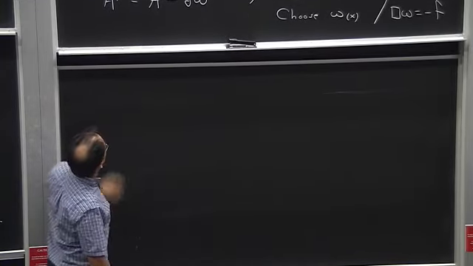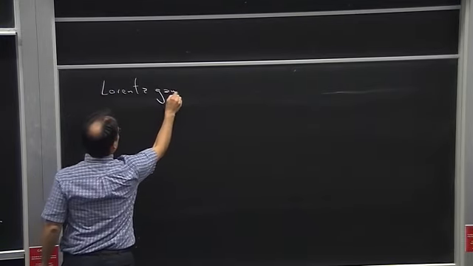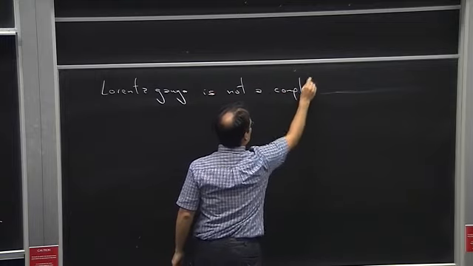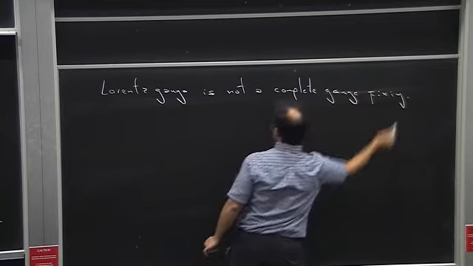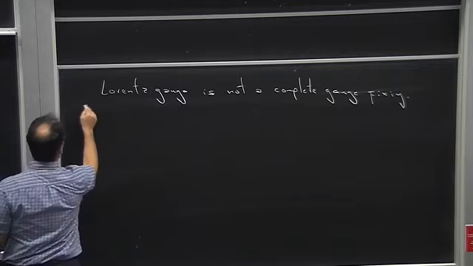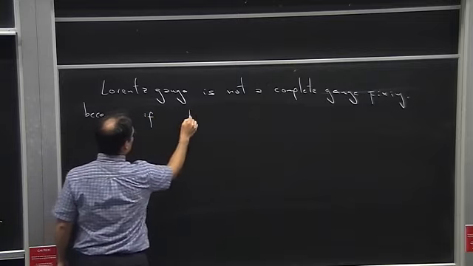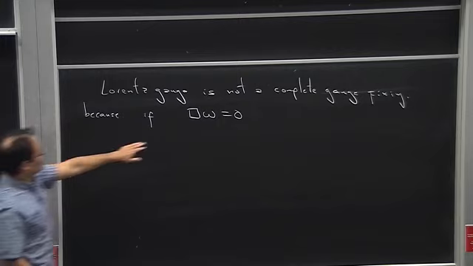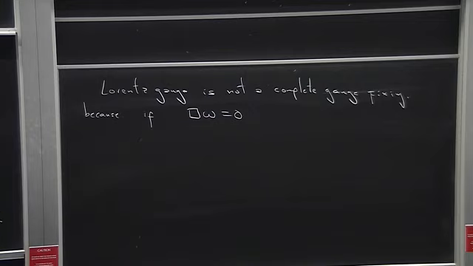Well, the Lorentz gauge is not a complete gauge fixing because precisely if we choose a function whose box is 0, then the gauge fixing is blind to it, okay?